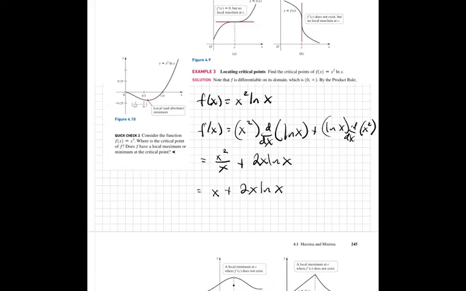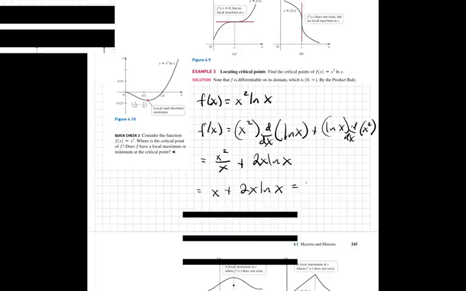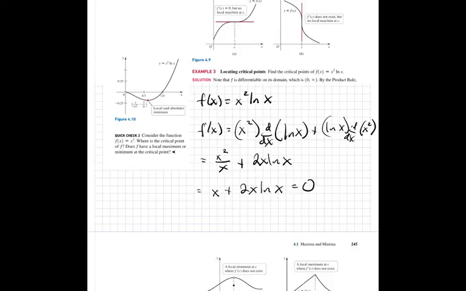If we set this to 0, we can factor out an x from both terms. So we have x times 1 plus 2 natural log of x equal to 0. From here we get x equals 0, or 1 plus 2 natural log of x equals 0.